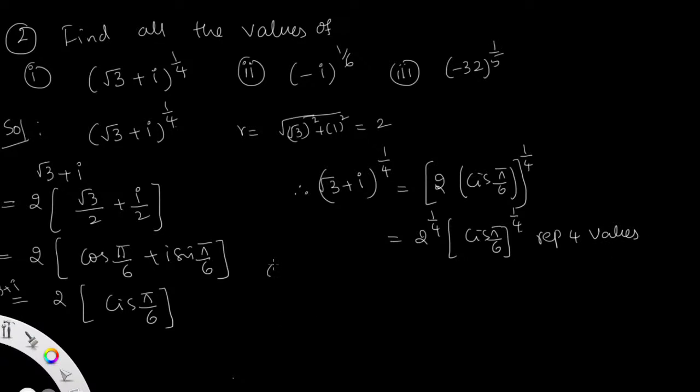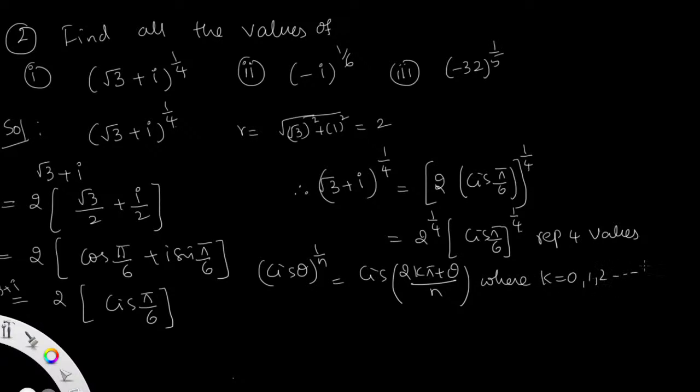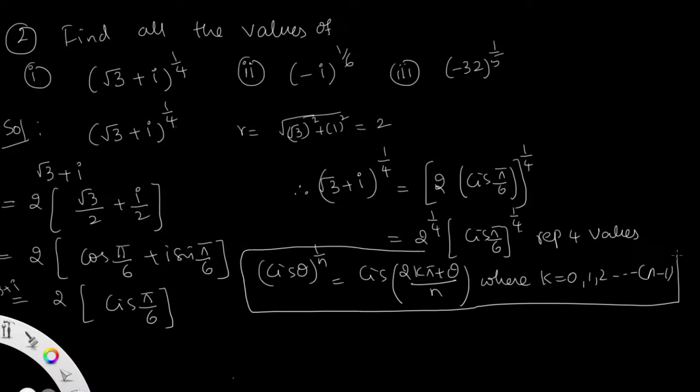So the formula for (cis θ) to the power of 1/n is cis of (2kπ + θ)/n, which represents n values, where k equals 0, 1, 2 and so on up to n minus 1, since 0 is included. This is the formula for nth roots of unity.